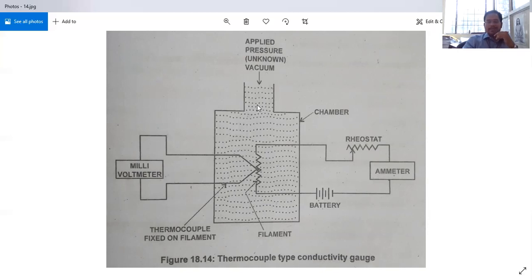So finally, the basic principle is that the gas which is entering into this chamber has a density, and the density is converted to thermal conductivity, to resistance change, to pressure measurement.